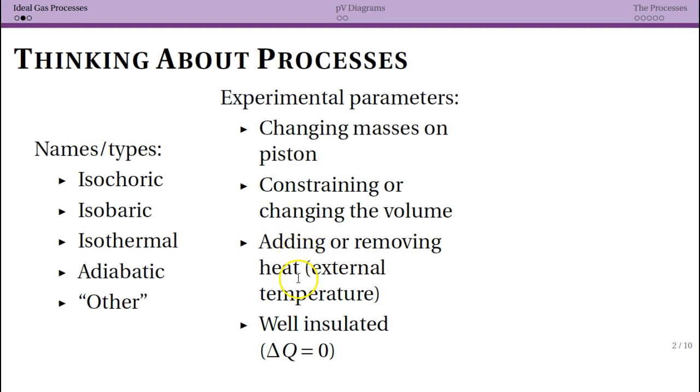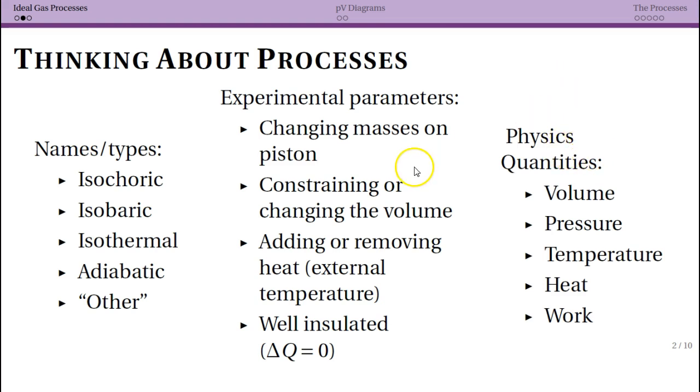We could be adding or removing heat. This can be done through an external temperature, or we could be fixing the temperature, which would be isothermal. Or we could say that our piston is well insulated, that no heat energy can enter or leave. And that would actually be adiabatic because we don't have any heat.